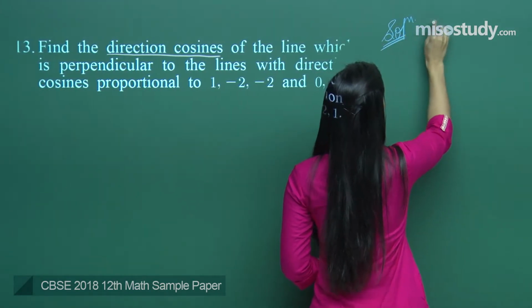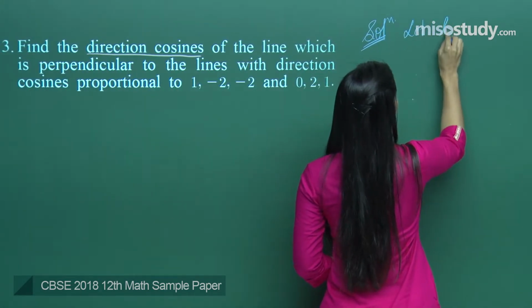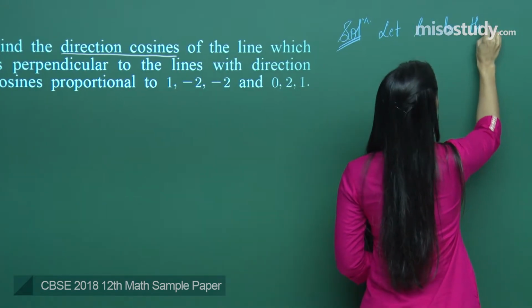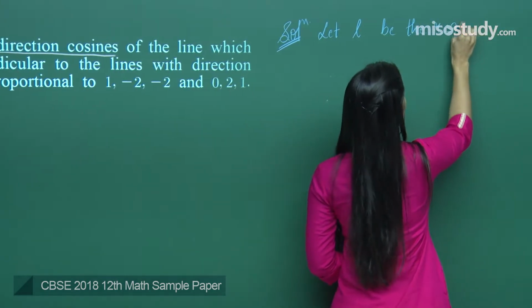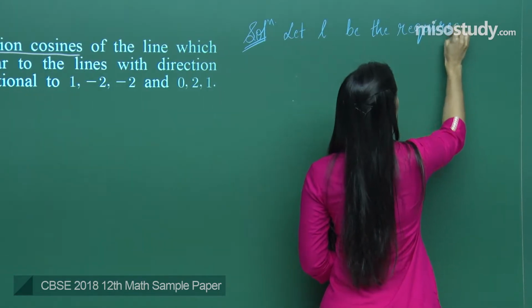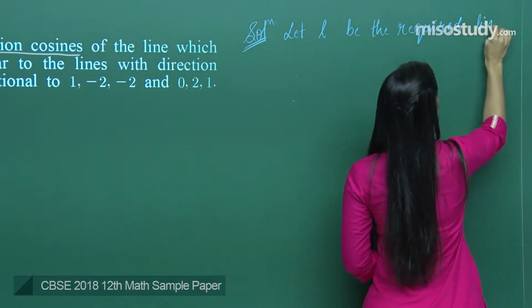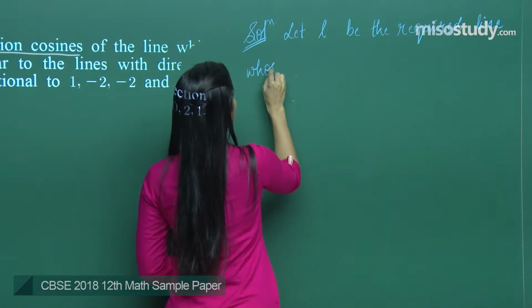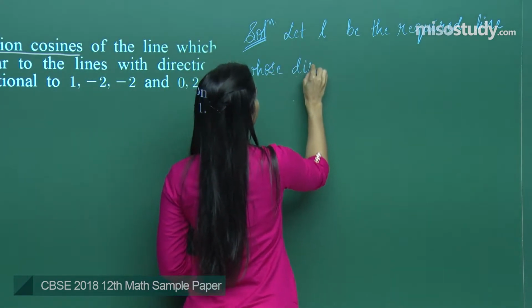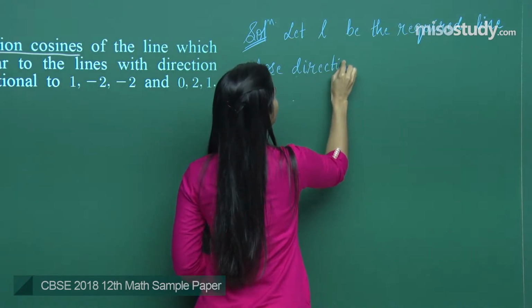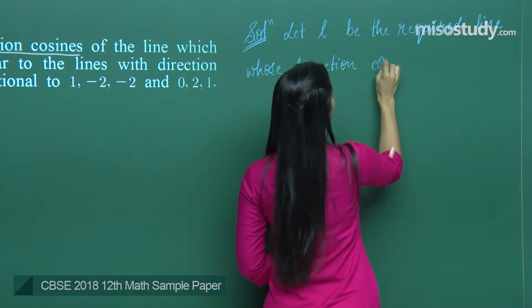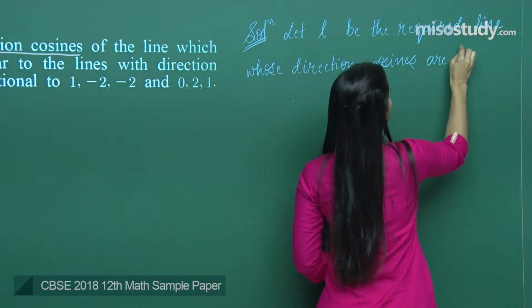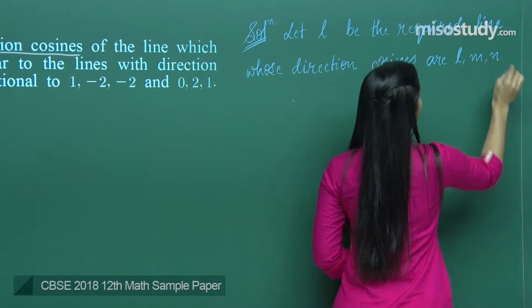So let this L be the required line whose direction cosines are l, m and n.